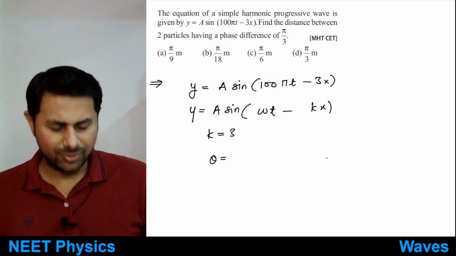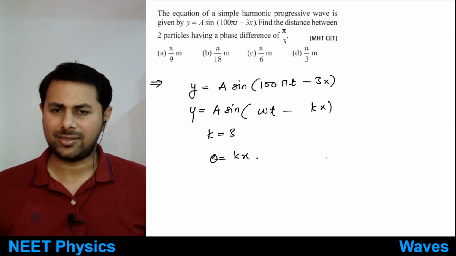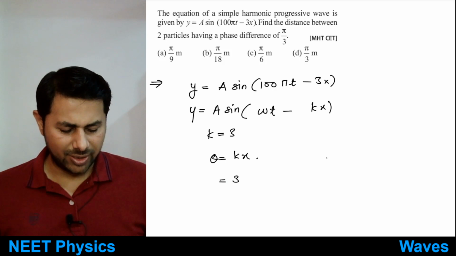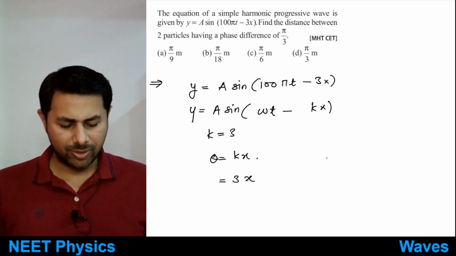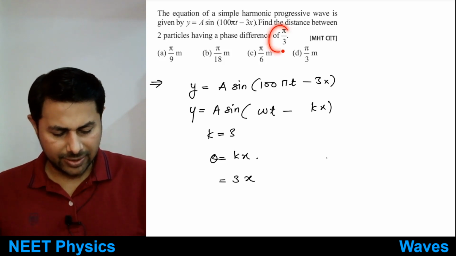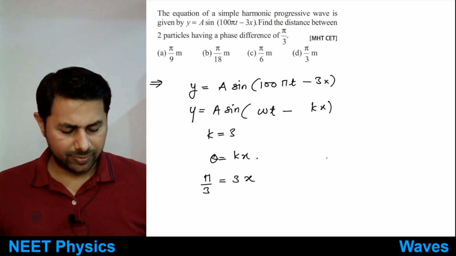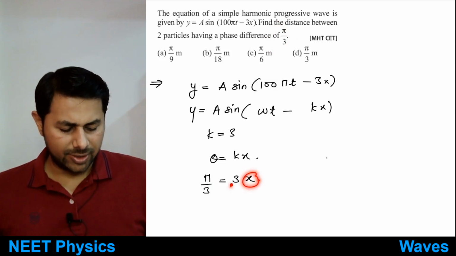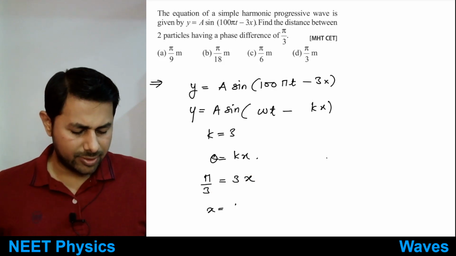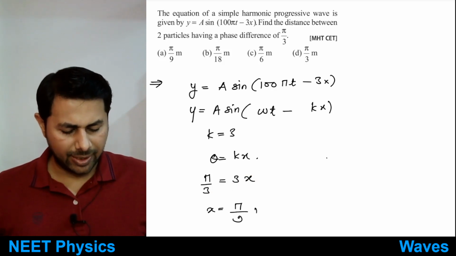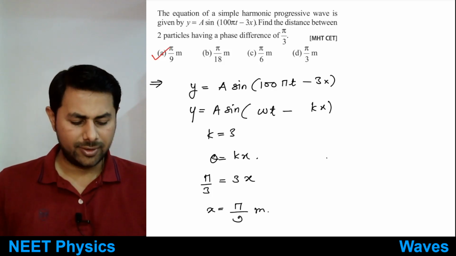No need to do 2 pi x by lambda. We have theta is equal to k times x. So put k equal to 3, okay. So theta is equal to 3 times x, and what is the phase difference? It is pi by 3. So put it over there. So it's pi by 3, and then we can get x. So move that 3 on other side, you get x equal to pi by 9 meters. Okay, so that is the answer, option A. So this is clear.